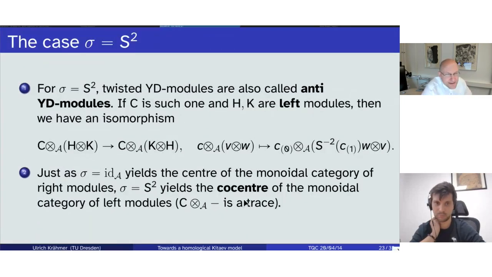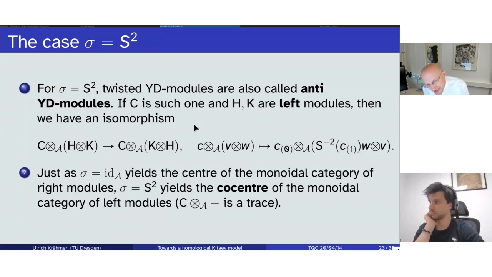Now, there's one case which is particular, which is when you take sigma to be the square of the antipode. And then you can think of the role of these Jeter-Greenfeld modules in a different way. Now, in this case, these twisted Jeter-Greenfeld modules were called anti-Jeter-Greenfeld modules by a bunch of people, Hayat, Kakali, Rangipur, and Sommerhäuser.